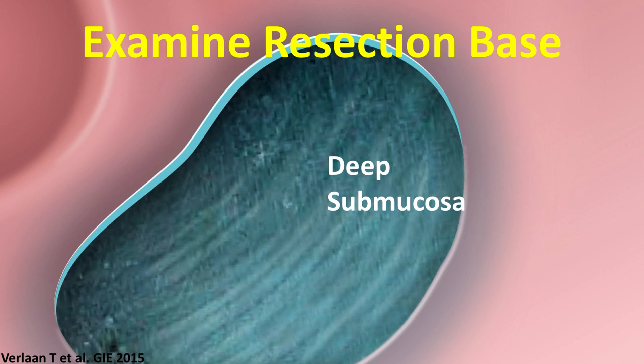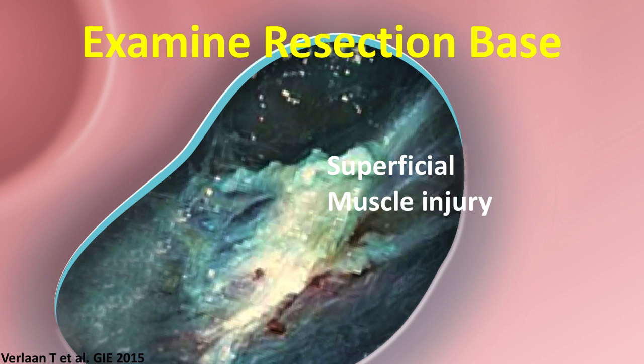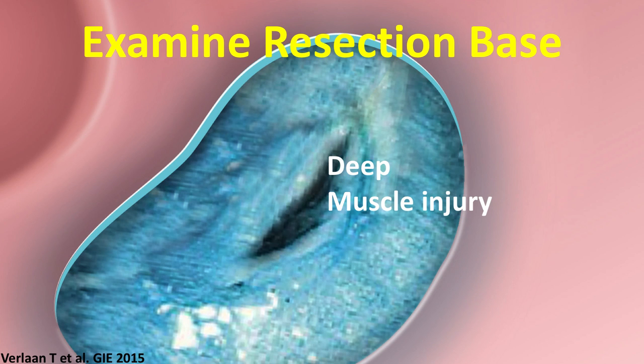Whenever there is no muscle damage, those patients are unlikely to develop delayed perforation. Once you have muscle injury, either superficial or deep, these patients are likely to have perforation, and these patients' defects should be closed with clips.